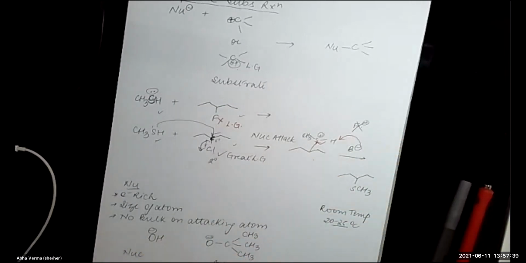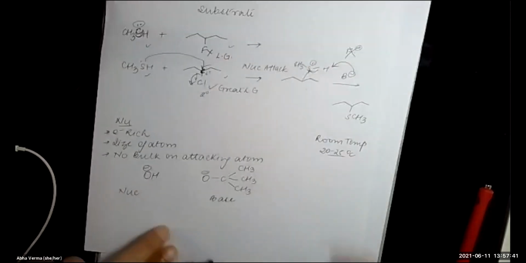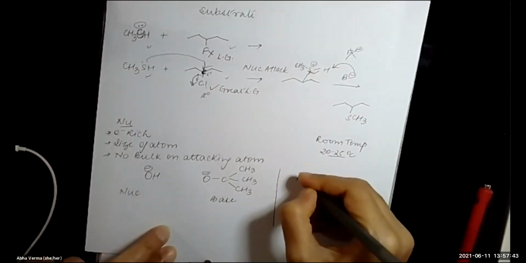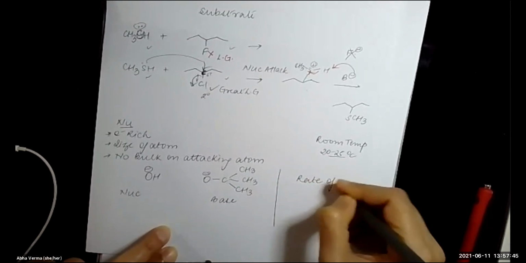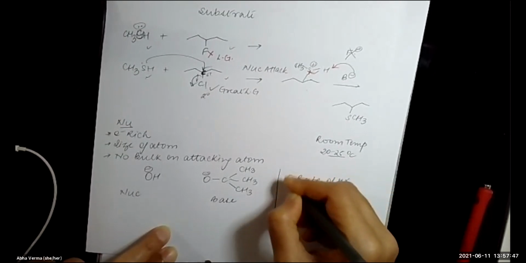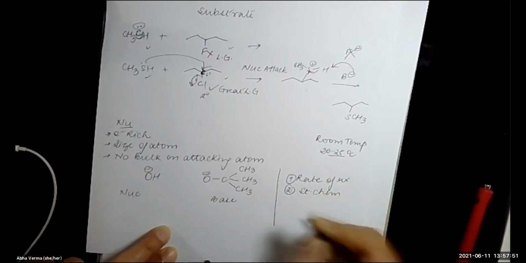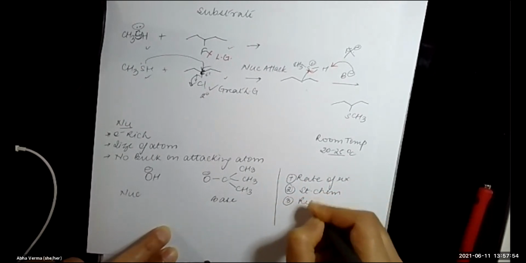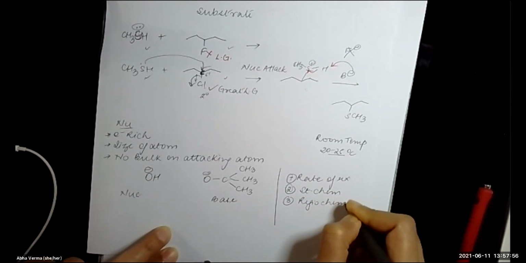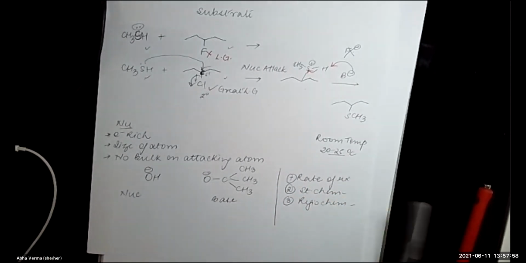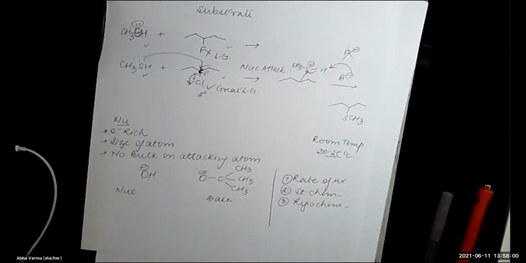And so this is what we are going to introduce: the rate of reaction, the stereochemistry of the reaction, and the regiochemistry. And we are going to look at these terms in the coming classes.